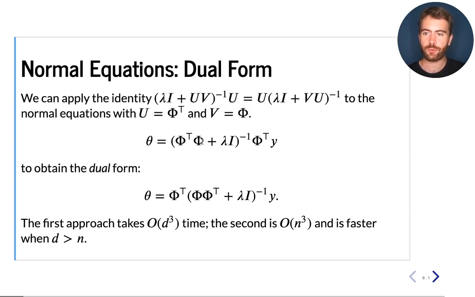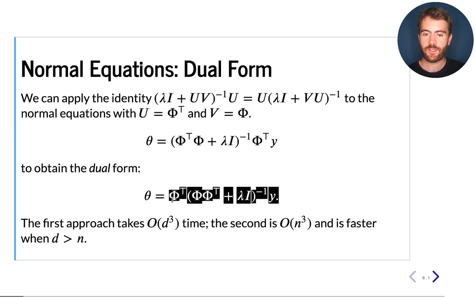Then here we're going to be doing an inverse of a d by d matrix, which takes d cubed time. But here this product is going to have dimension, because now we flip the way the matrices are multiplied. This is going to be a square matrix of size n by n, where n is our number of data points. And taking the inverse of this matrix is going to take n cubed time.